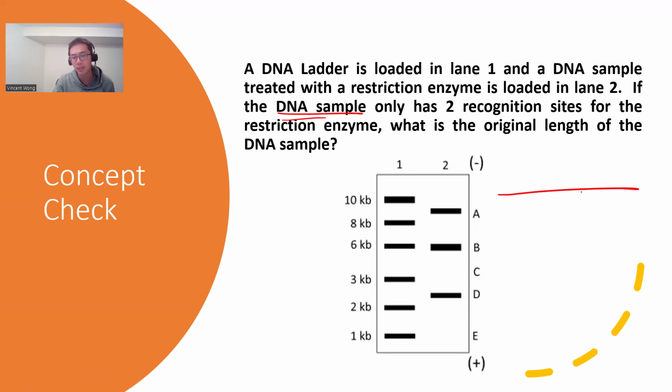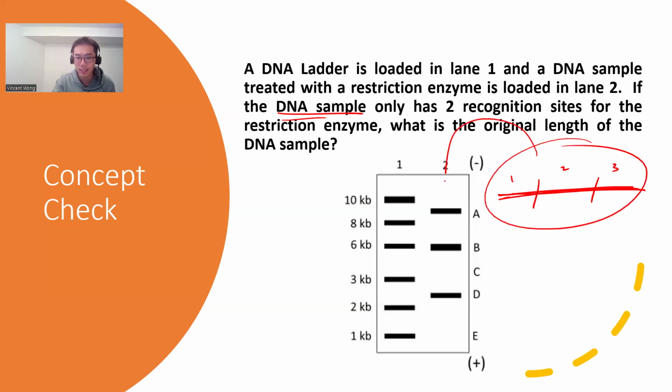The DNA sample is linear. If they don't say plasmid, it's linear. So you cut it twice, and that's why you have 3 fragments. Then you load all this into the lane here, and you want to figure out the original length.